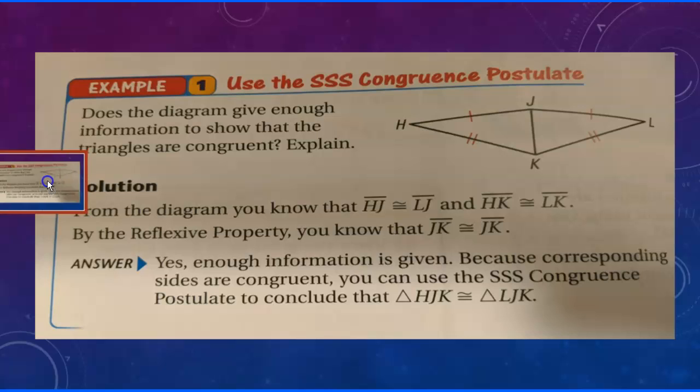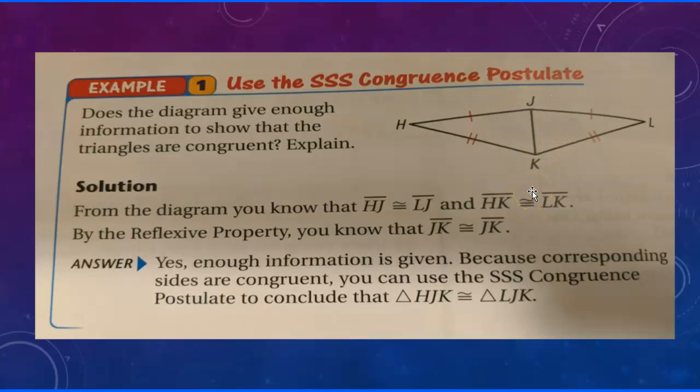So we look at this, and they do give us some information that shows us there is some congruence already going on here. We know that HJ, so we start over here and name it HJ, is congruent, that means we have to start over here, to LJ. Very good. Then HK is congruent to LK. Okay, so we find out we've got these two sides congruent, but we have this third side.